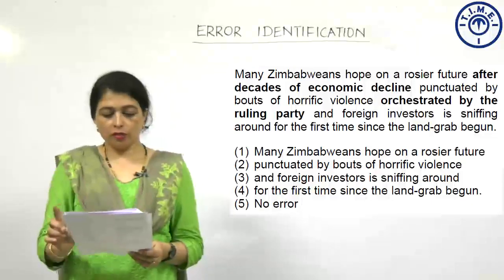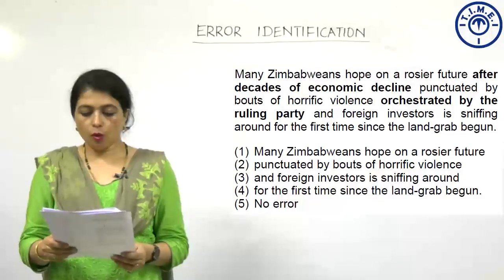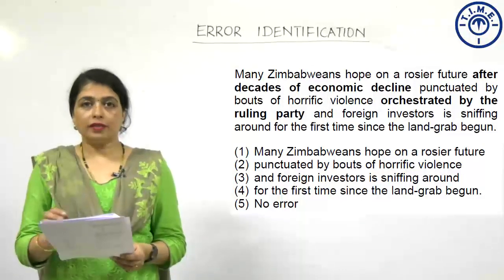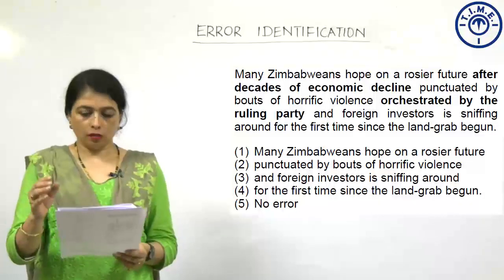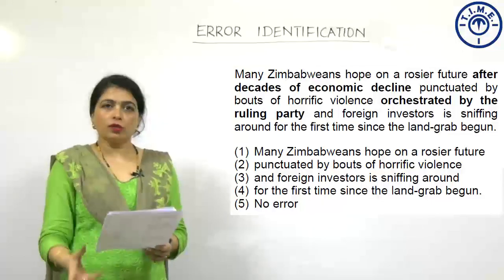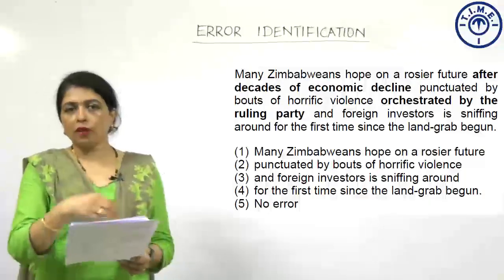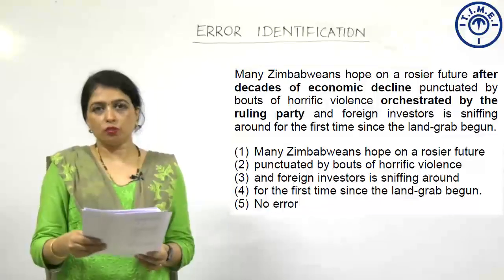Okay. The first option has the words "many Zimbabweans hope on a rosy future." There is a direct error because the idea conveyed is that they were looking forward to something, and using the word hope, we have to follow it with the preposition "for."